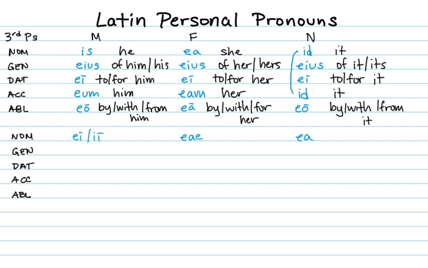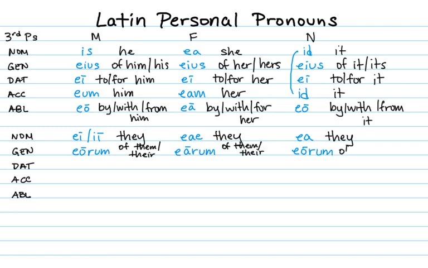In the plural, ei, or an alternative form, ii, eae, and ea means they. In the genitive, eorum, earum, eorum, of them.